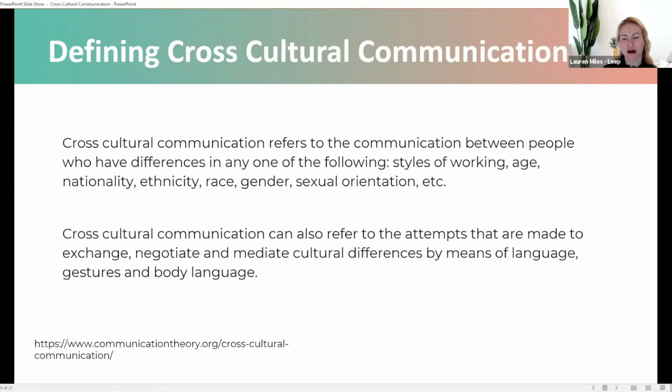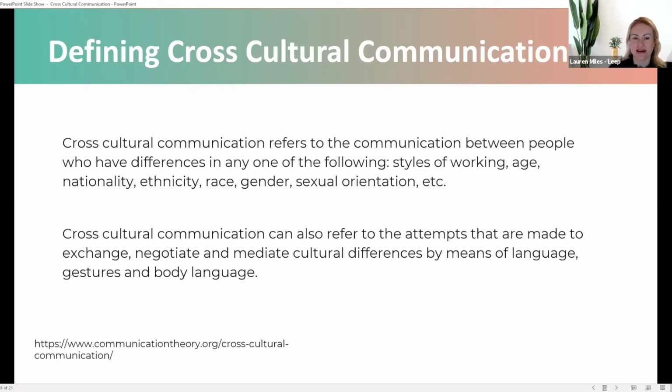So when we talk about cross-cultural communication, we're talking about when we're communicating to someone who is from a group different to our own, or it could be multiple things that are different. In a work situation, for example, you're going to get lots of different people from different backgrounds. It could be the person that you're volunteering with.